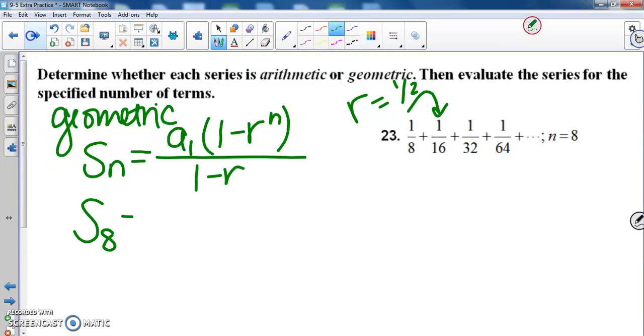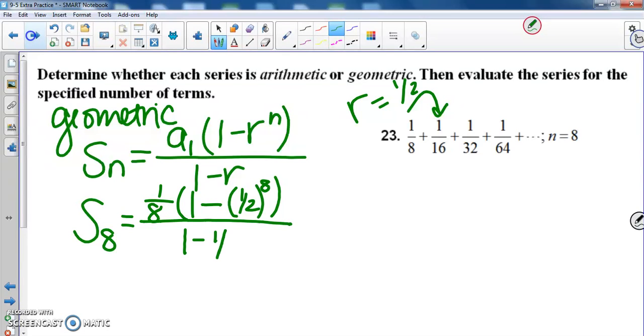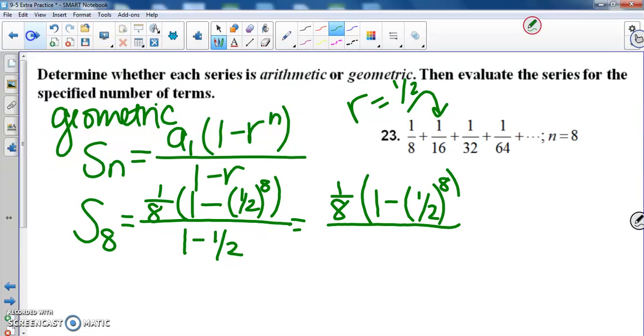The sum of the first 8 terms is equal to 1/8 times 1 minus 1/2 to the 8th power all over 1 minus 1/2. So this is equal to 1/8 times 1 minus 1/2 to the 8th power over 1/2.